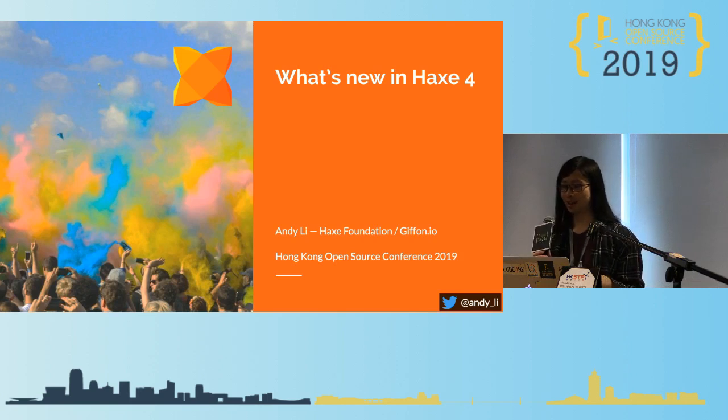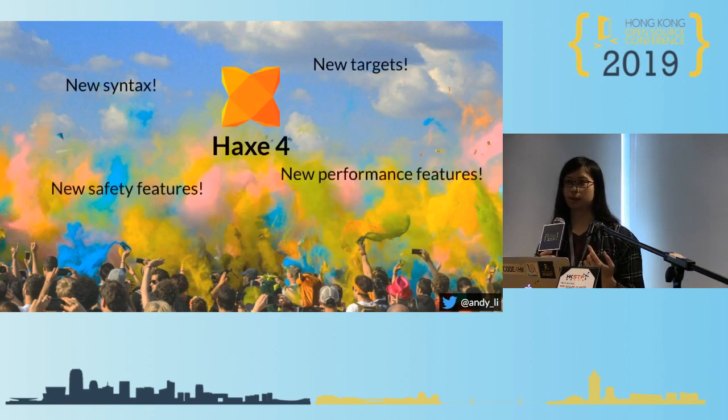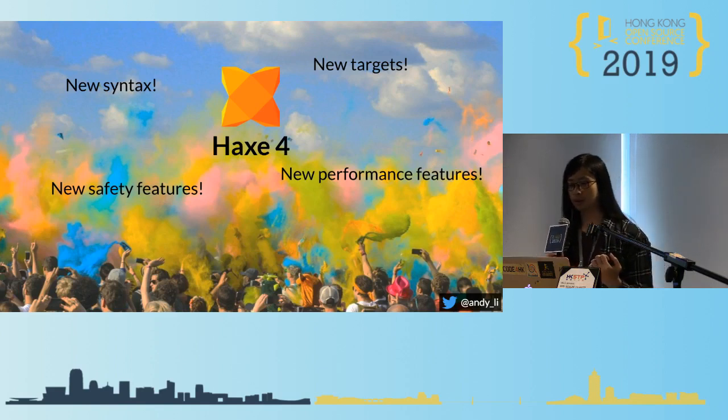In this talk we'll talk about what's new in Haxe 4. Haxe 4 itself is not really released yet. It's at RC3 right now, and there are a bunch of new things: some new syntax, new targets, new features for safety or for performance.